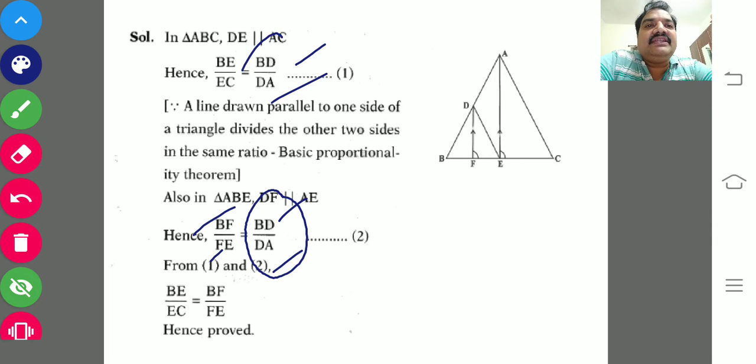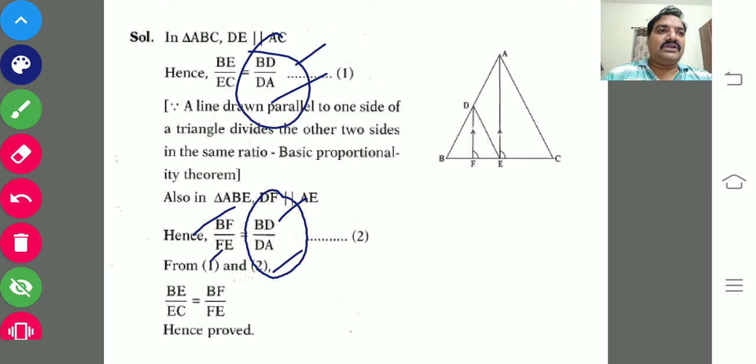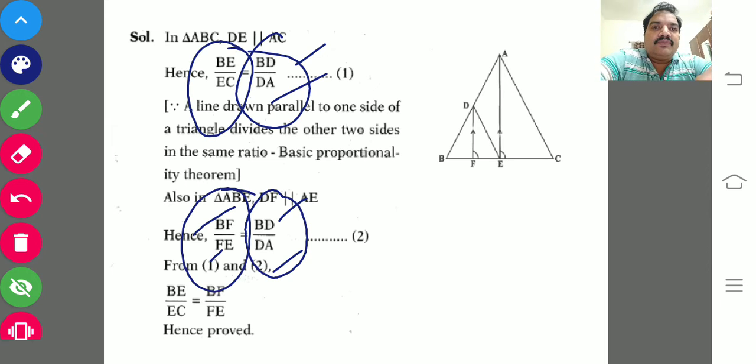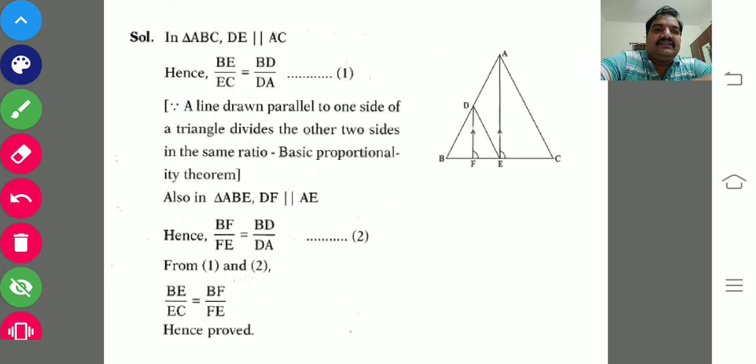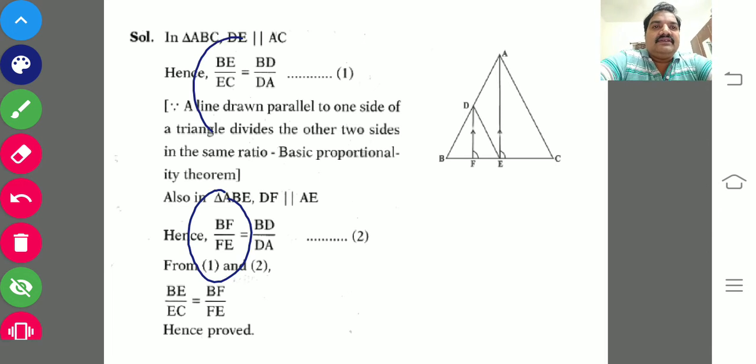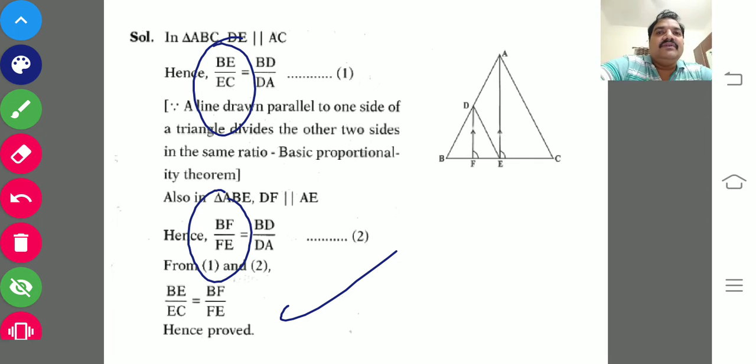So BD by DA is common in the two equations. So automatically you just take that BE by AC equals BF by FE. From the two equations, simply you write the LHS part. That is only what you wanted to reach. So hence proved. I hope you could understand.